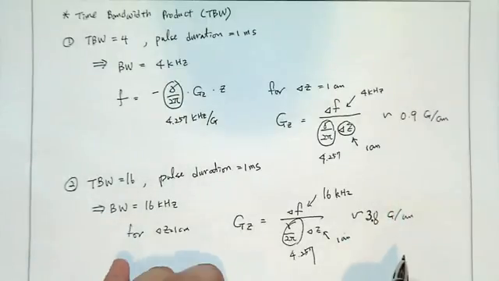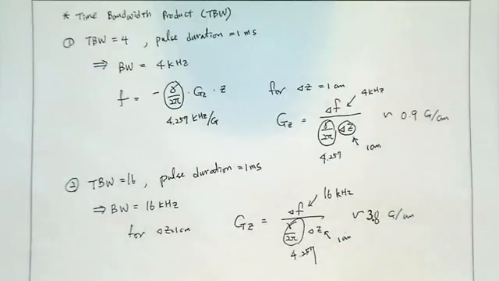The reason that I'm saying this is: you can set any time bandwidth product, and you can set any pulse duration, but eventually the cost is that you have to use either high gradient amplitude or low gradient amplitude, depending on duration and the RF bandwidth.